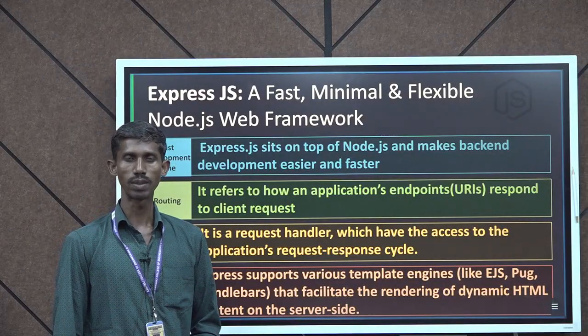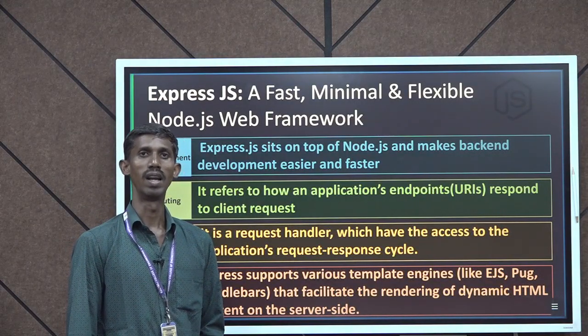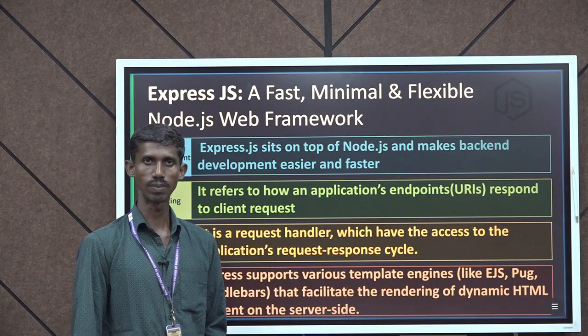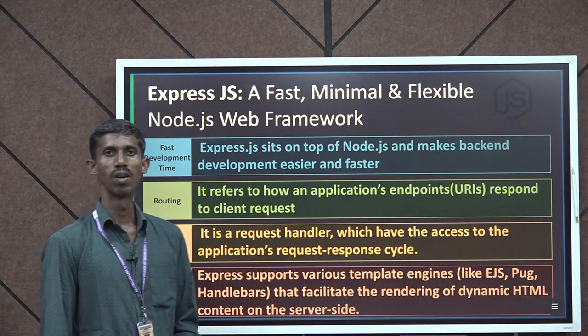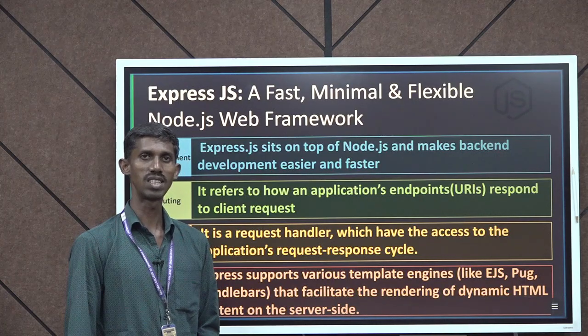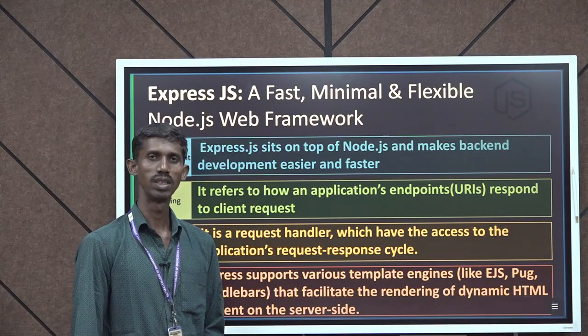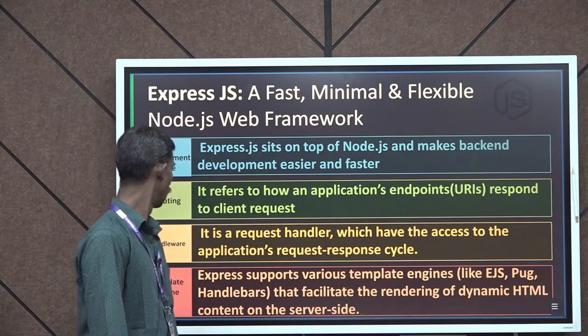The introduction part. Express.js is a fast, minimal and flexible Node.js framework. These are some features: fast development time, that is Express.js sits on top of Node.js, that makes development easier and faster.